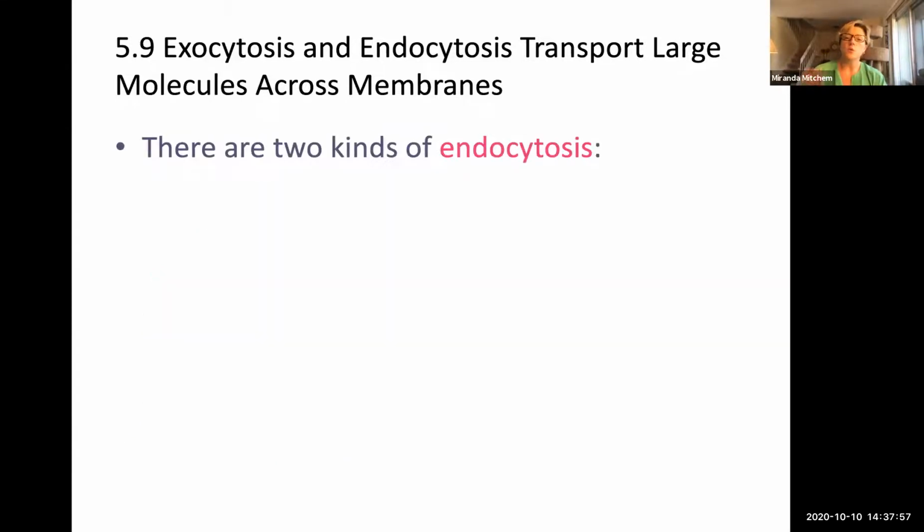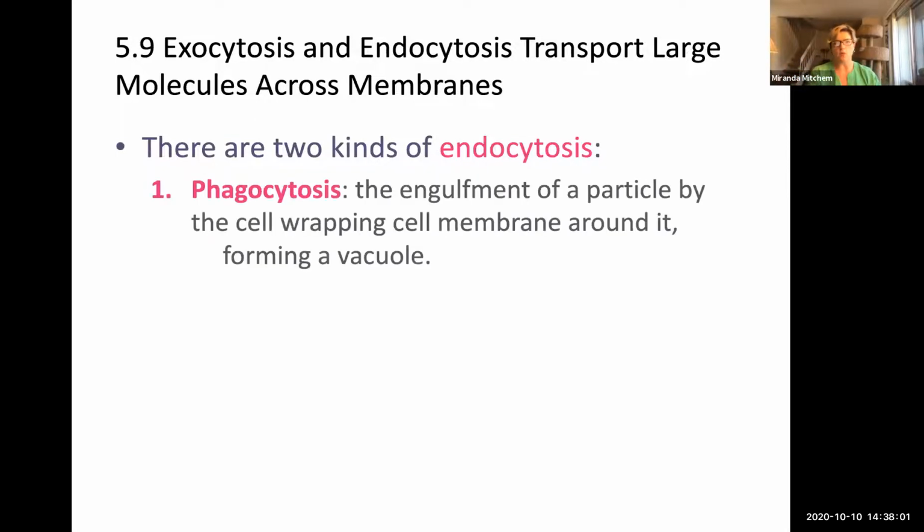Okay, so we do have two types of endocytosis. There's what's called phagocytosis, and this is essentially when one cell eats something. So that's what phago means, to eat. The cell does this by wrapping itself around whatever it's eating, and it makes a temporary vacuole.